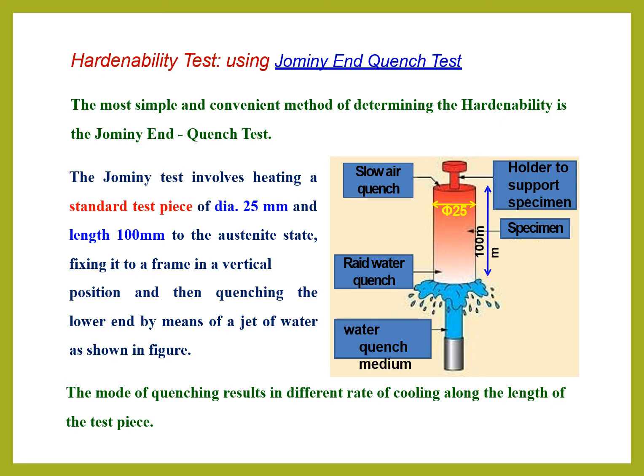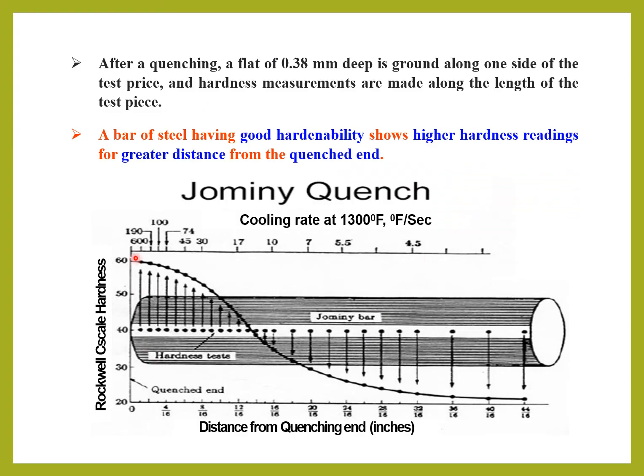Then you can draw the curve between Rockwell hardness value versus distance from the quenching end. We measure the hardness and connect all the points, and it will show a curve like this.